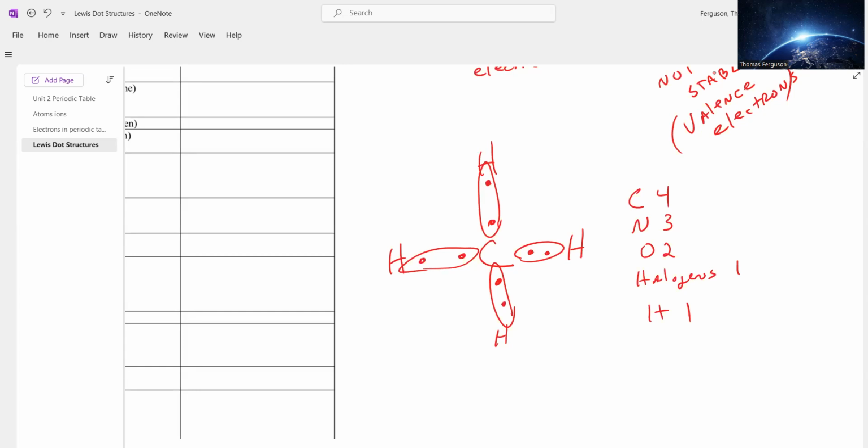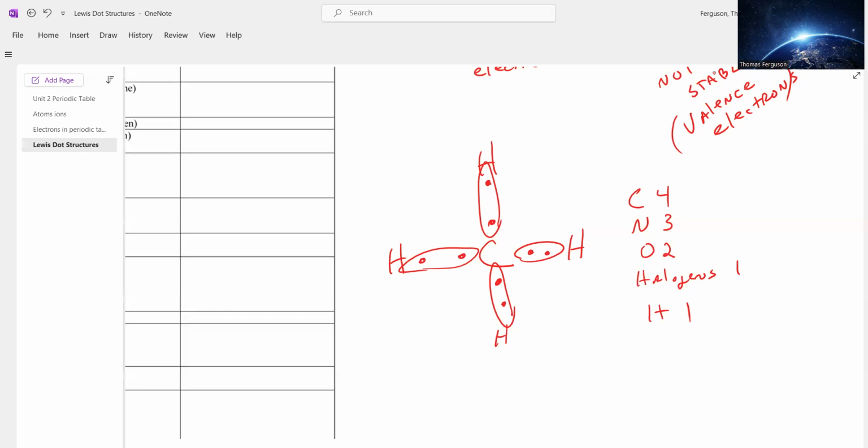Carbon has 4 bonds. So we can have a combination of 4 singles or 2 doubles, or a triple and a single, as long as it adds up to 4. Add up to 3, add up to 2, can only have 1, can only have 1.